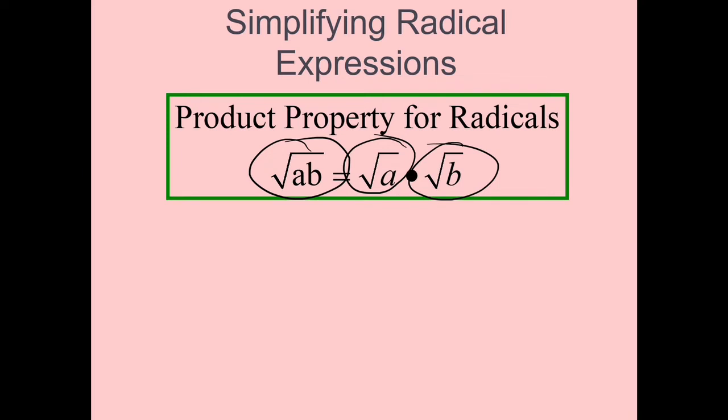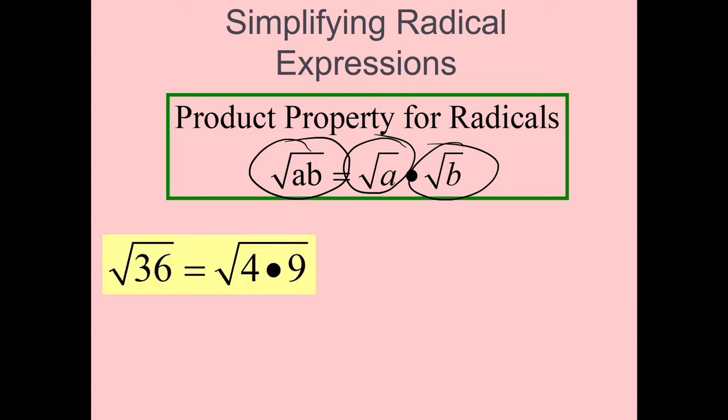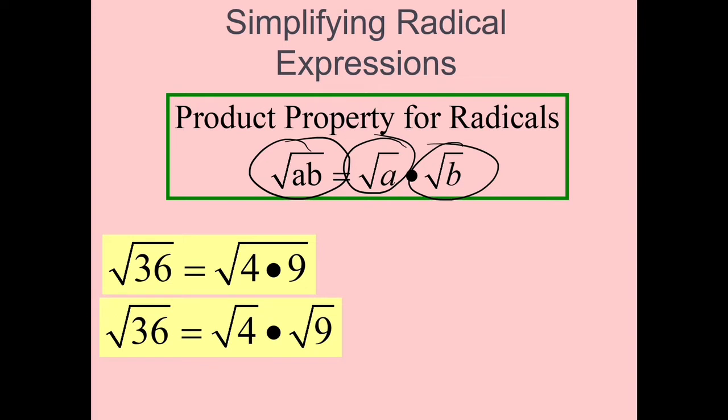Okay, again, when we talk about product property, pwede po natin siyang i-factor out at paghiwalayin yung dalawa na yun ng radical. Okay, example, square root of 36 is equal to the square root of 4 times 9. Or, pwede natin siyang gawin as square root of 36 is equal to square root of 4 times the square root of 9.